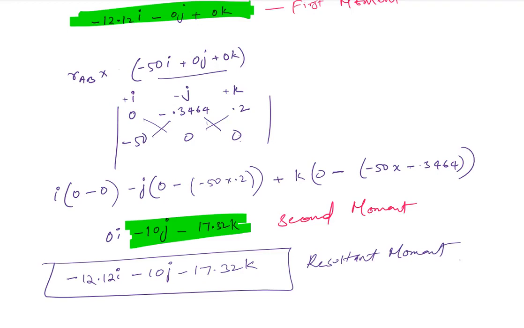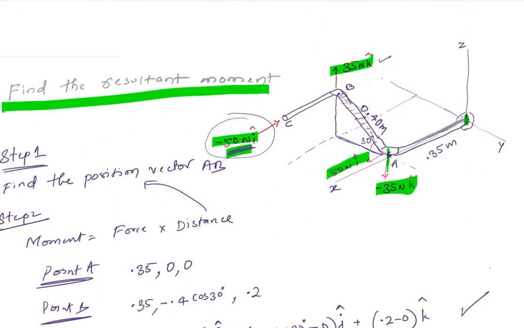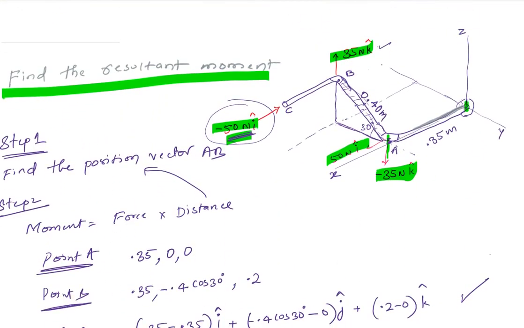Okay, quick recap. We're asked, there are two couples acting, one in the plus and minus z direction, the other in the plus and minus x direction. We're asked to find the net resultant moment acting on this bar. We find the position vector first, which simply means the physical position of this bar.